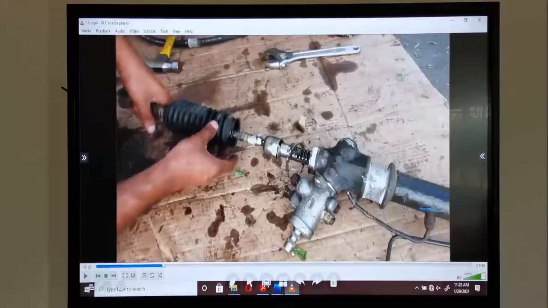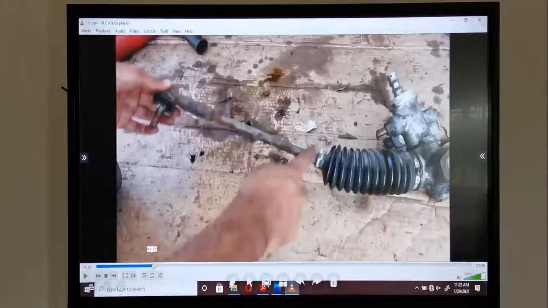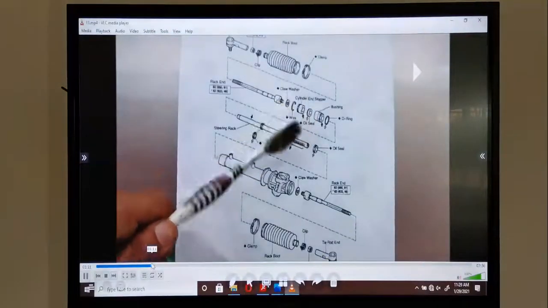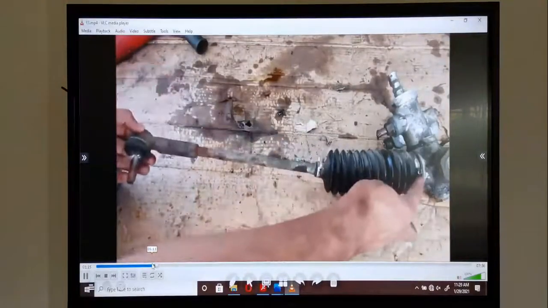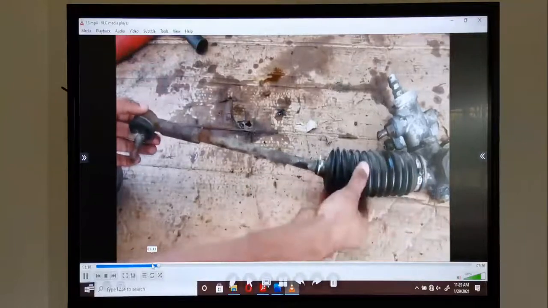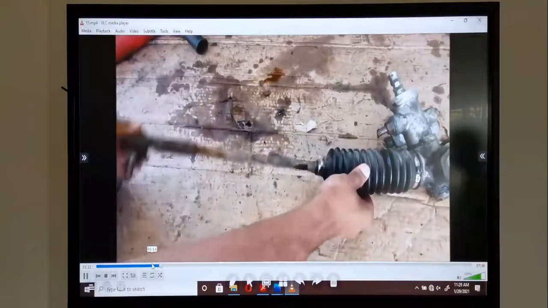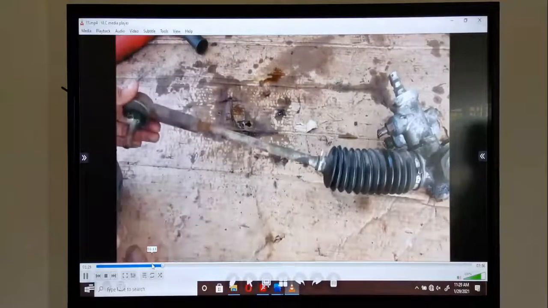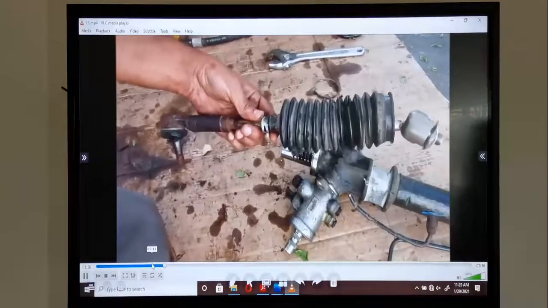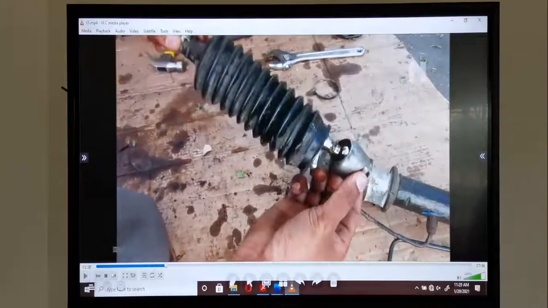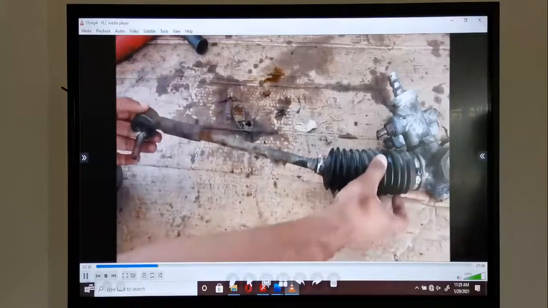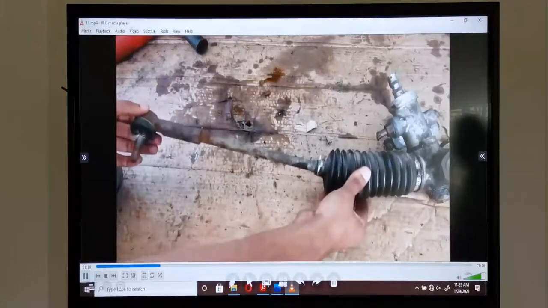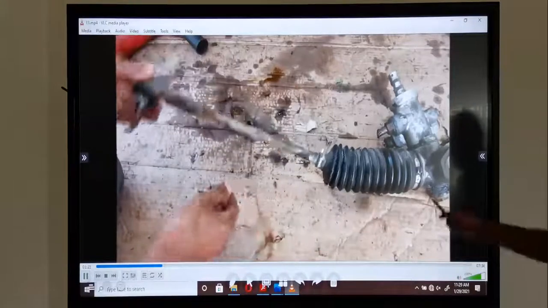Here you can see other things. Now with this remote, you can see how you remove the inner tie rod.